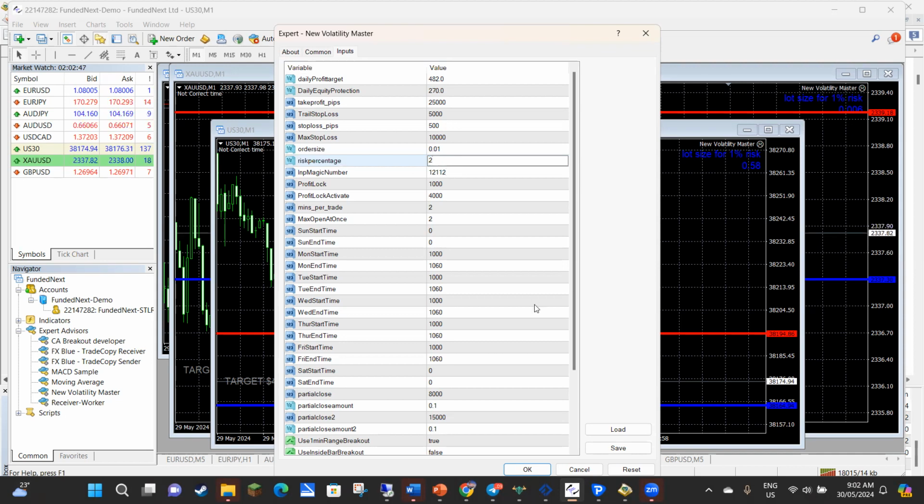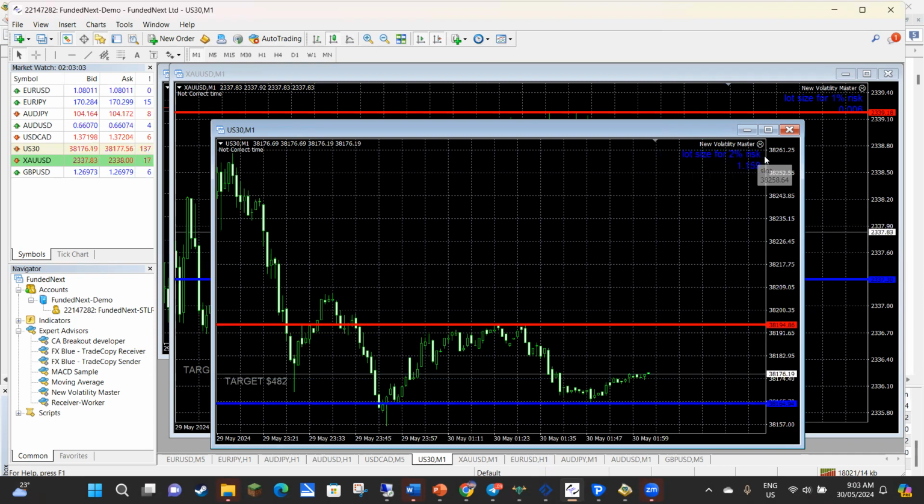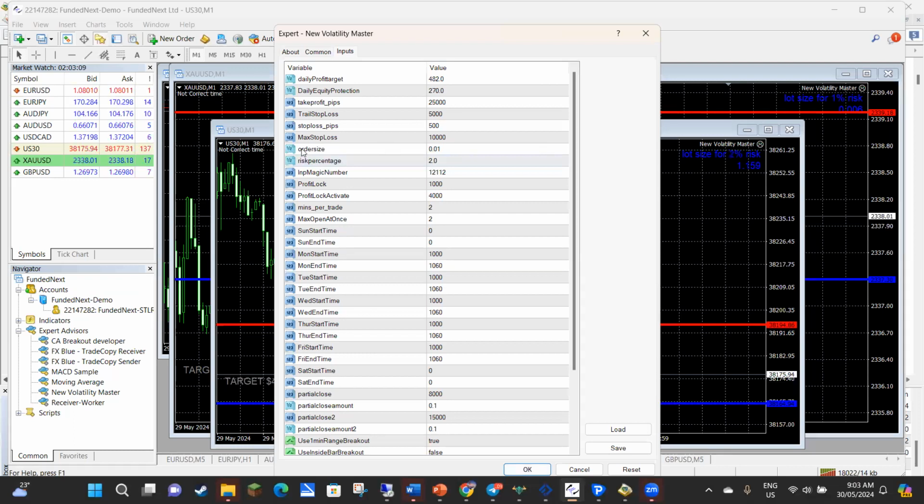I wanted to risk 2% per trade. Just wait for that to calculate. So now it's changed to 2 instead of 1. Lot size for a 2% risk is 1.159 lots. You then need to go back in and change your lot size to 1.59.